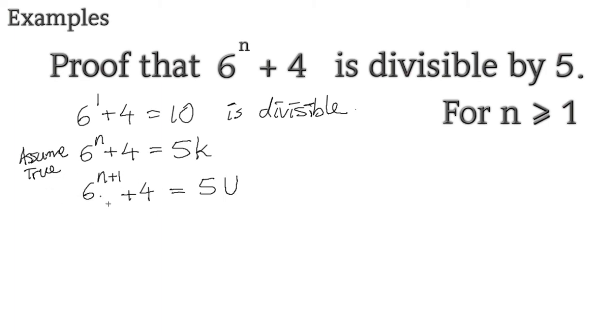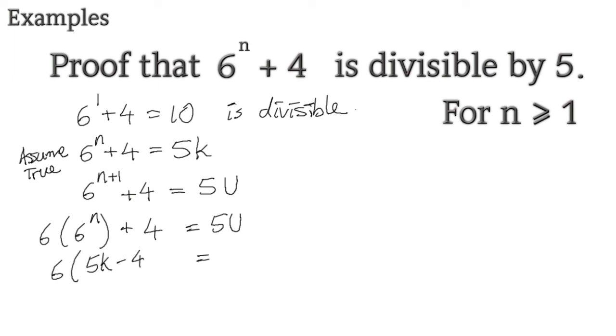And if we try to equate, it will be difficult, but it's doable. So we can express 6 to the n plus 1 as simply 6 lots of 6 to the power n. Then 6 to the n is just 5k take 4, which gives us 6 lots of 5k take 4, add 4 is 5 lots of u.